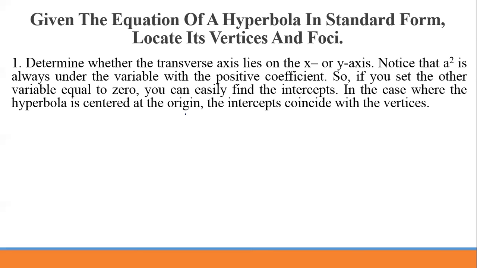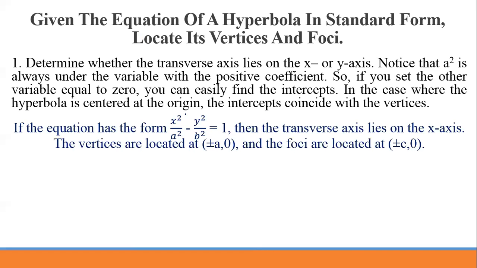So in this case, where the hyperbola is centered at the origin, the intercepts coincide with the vertices, right? If the equation has the form x squared over a squared minus y squared over b squared equals 1, then the transverse axis lies on the x-axis.